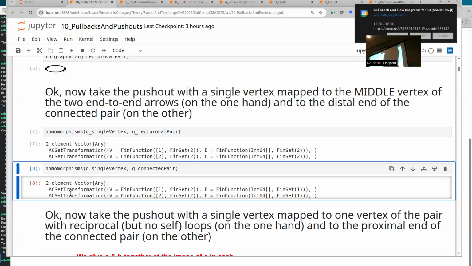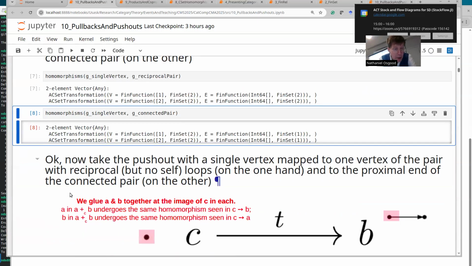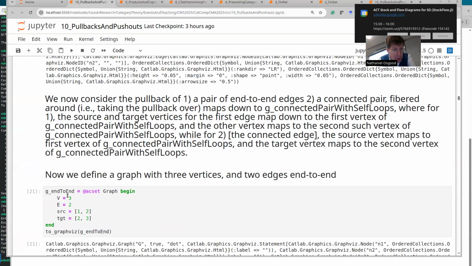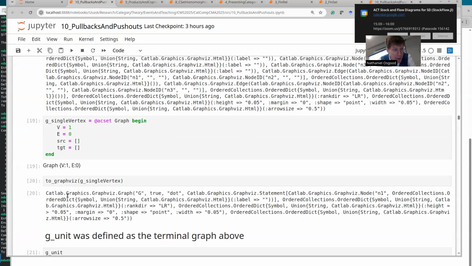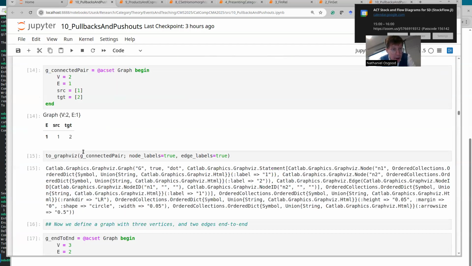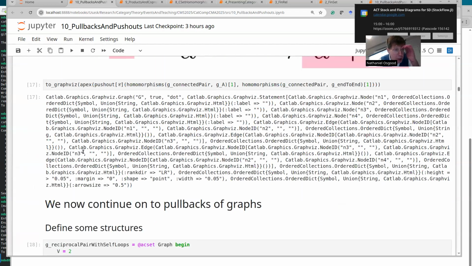Have you tried rerunning it from my version? Yes, I have. It says GUnit, undefined variable in cell 36. Okay, cell 36. This is some material we weren't going to be covering. There is something called GUnit above.